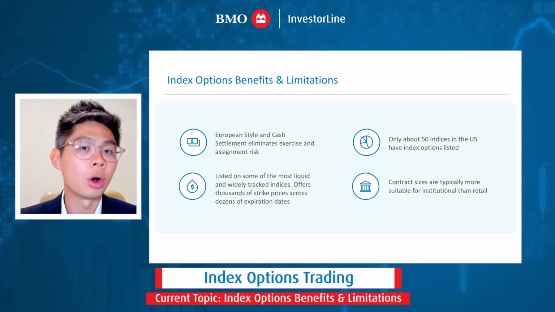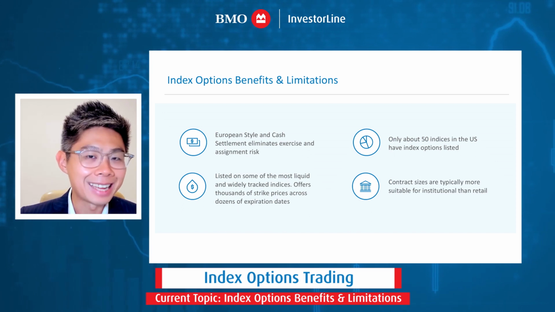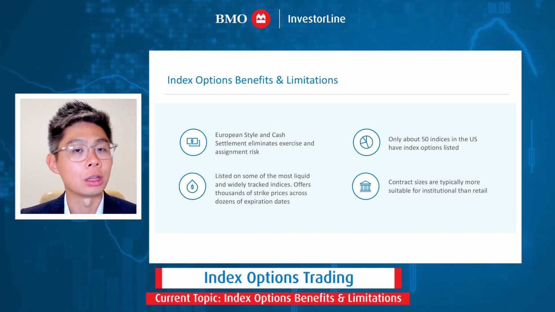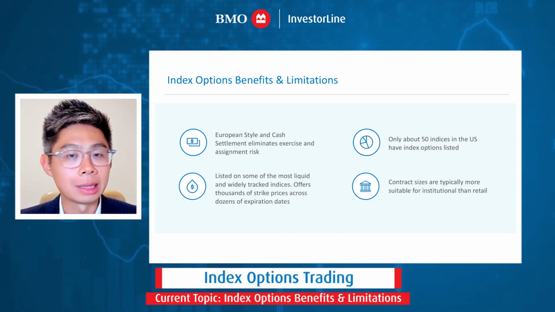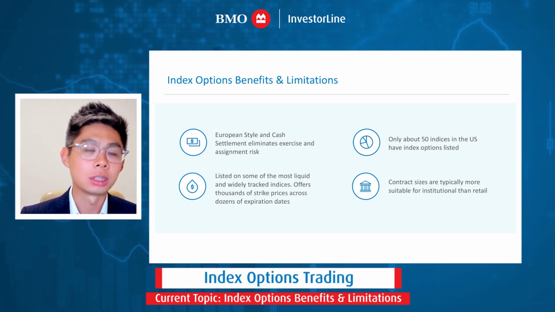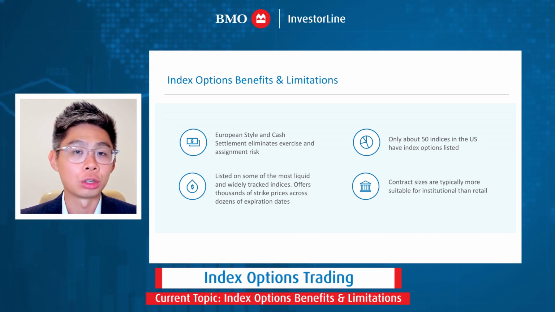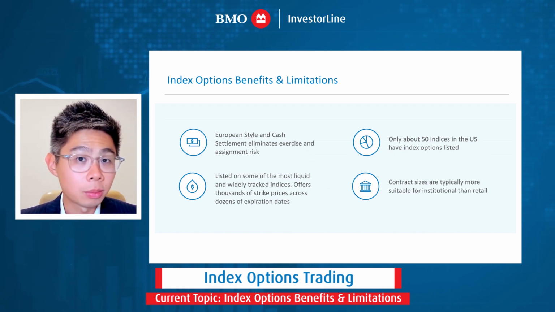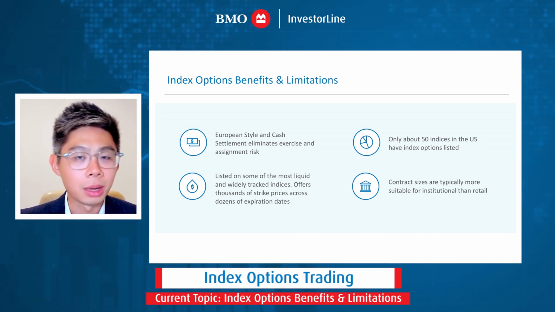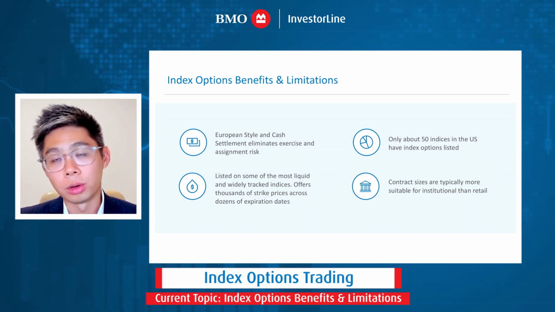You'll almost always be able to find the exact expiration date and strike price that you prefer when trading these index options, versus stock or ETF options, where you might not have as many choices and might have to approximate close to what you're looking to trade.